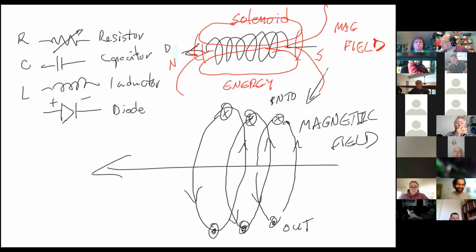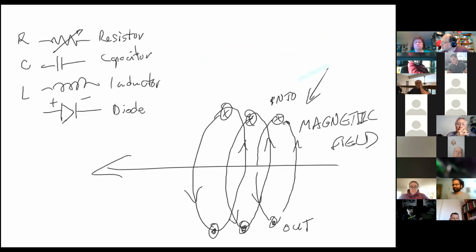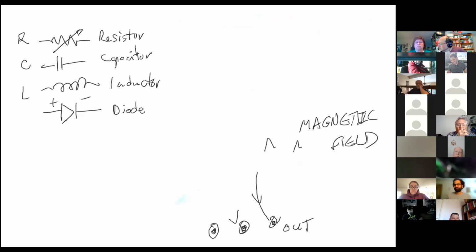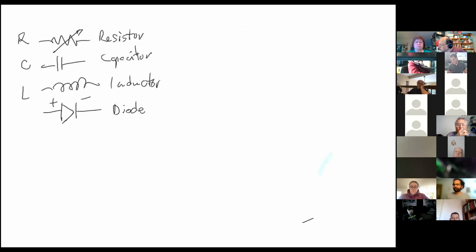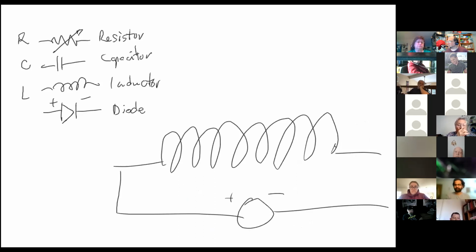Let's look at this in the worst possible case. We have a magnetic field that exists, and we have a lot of energy stored in it. So I'm going to draw this coil again, and I'm going to hook it up to a battery with a plus and a minus.